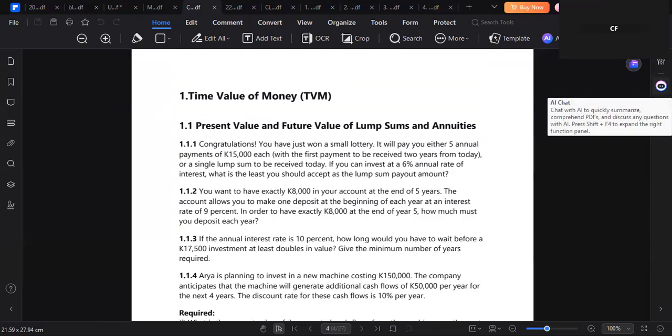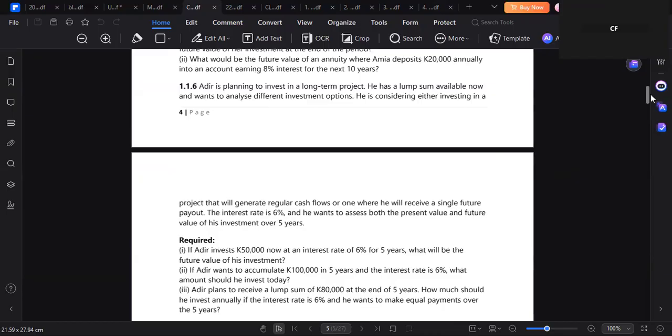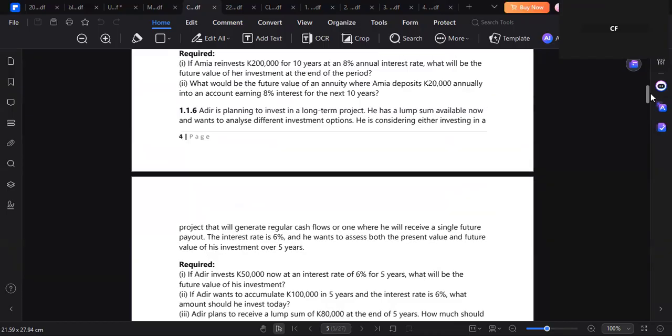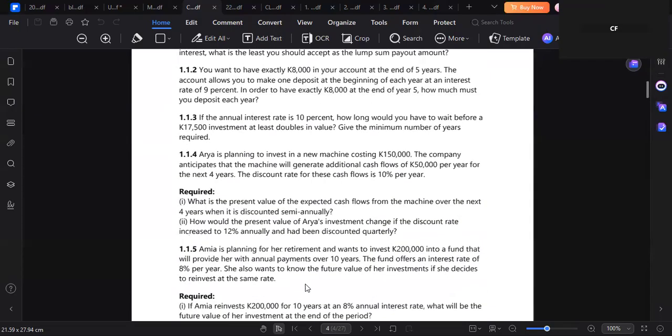Congratulations, you just won a small lottery that will pay 5 annual payments. Okay, so any questions before I go? I'm looking for an easier question before we go to the multiple cash flows.